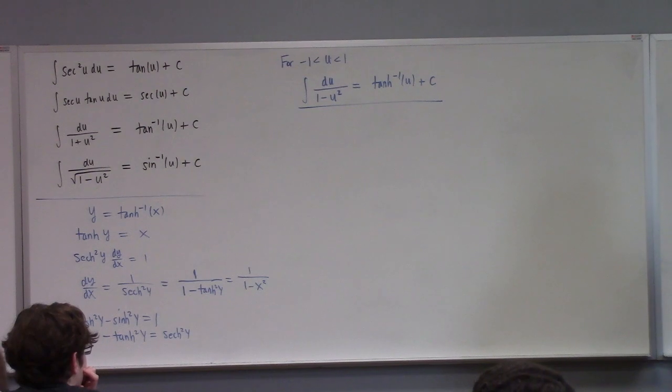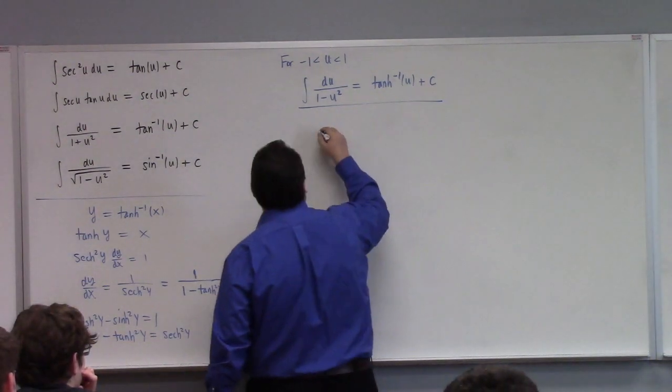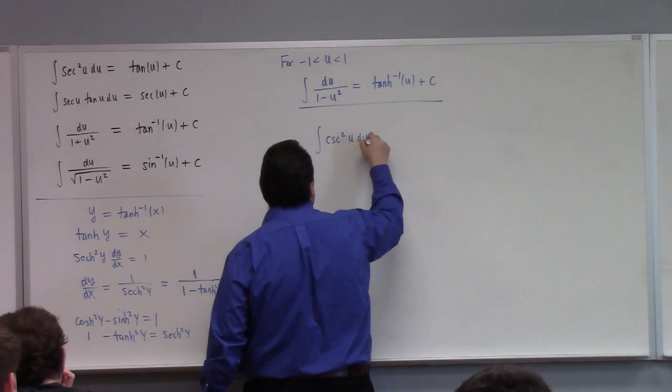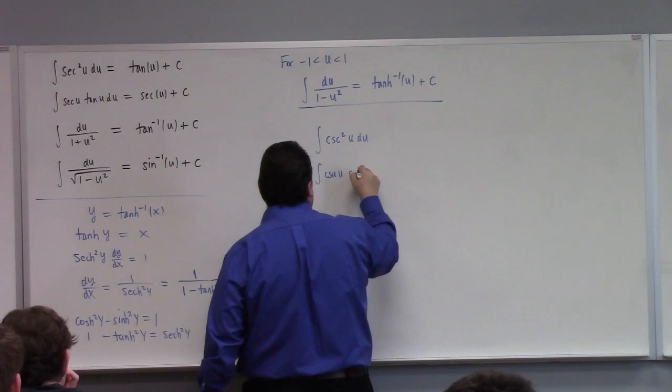Have I exhausted our list of things we know for basic derivatives? Maybe. There's a few others. Maybe you could look back up, right? Like, oh, we know cosecant and cotangent. What's the integral of cosecant squared u du? What's the integral of cosecant u cotangent u du?